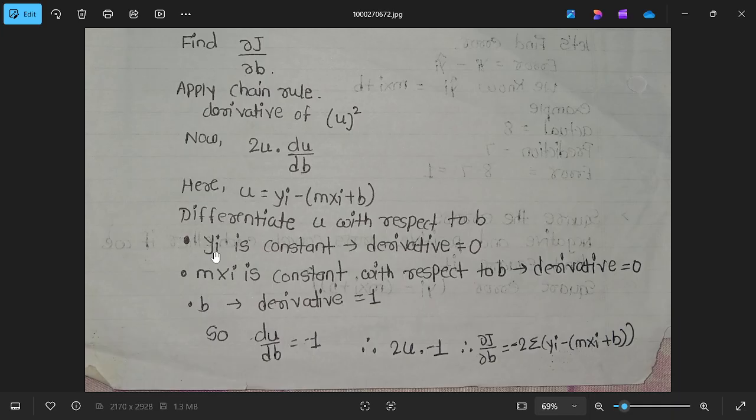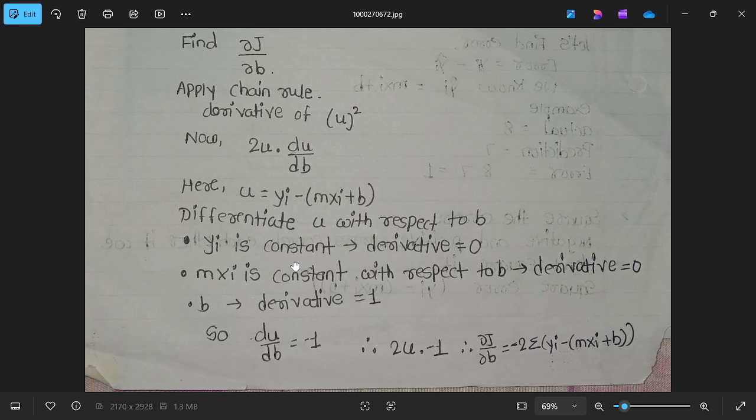It does not contain b, but we are differentiating with respect to b, so yi becomes a constant. As per the constant rule, the derivative of a constant becomes 0. That's why we have taken 0 here.